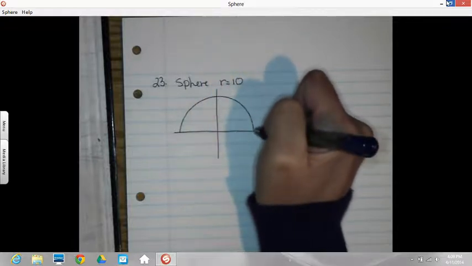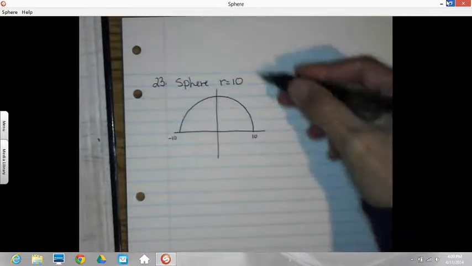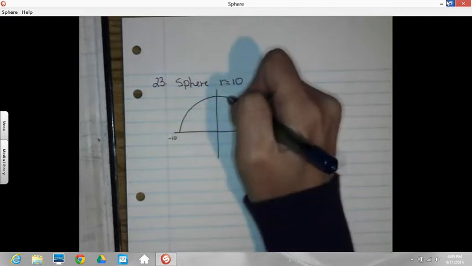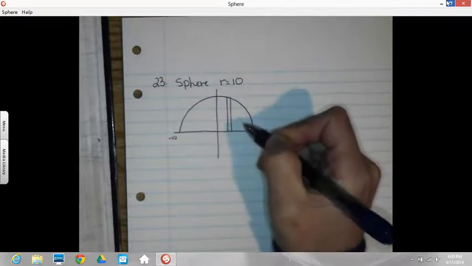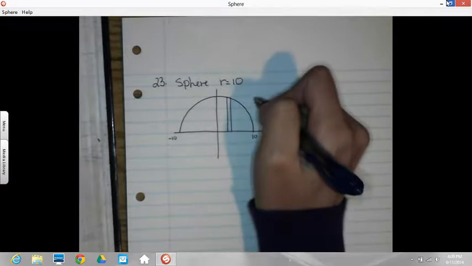So if I take this half circle, radius is 10, and I rotate that around the x-axis, I'm going to get a sphere. If I find the volume of this bounded region rotated around the x-axis, I will have the volume of a sphere of radius 10. The thing you have to remember is, what's this equation here?